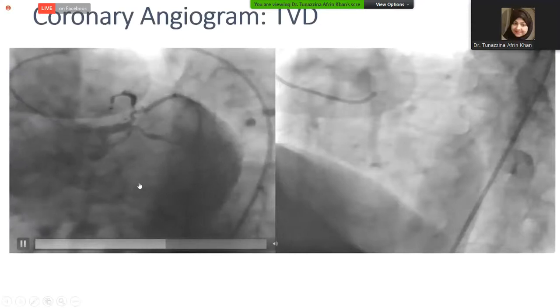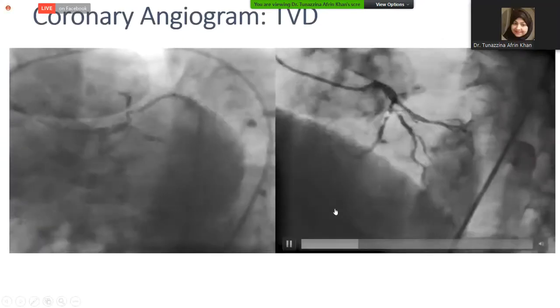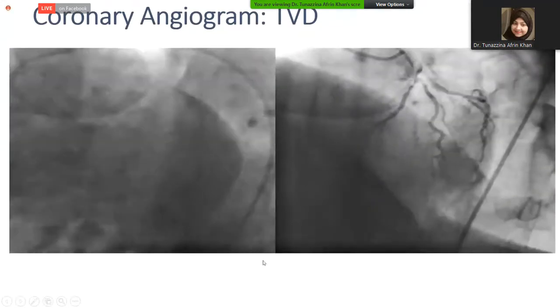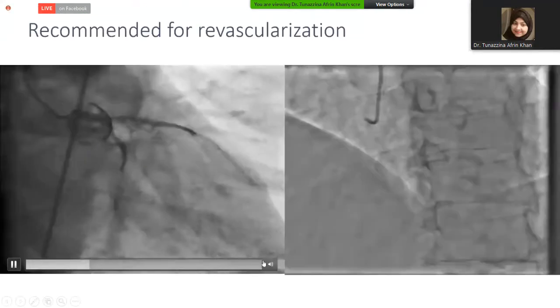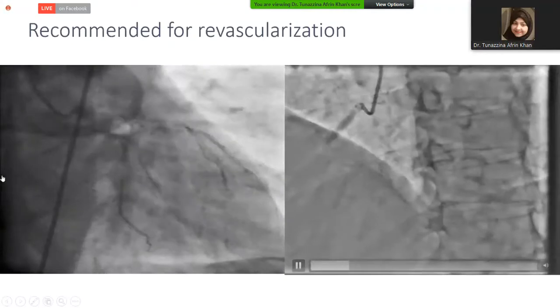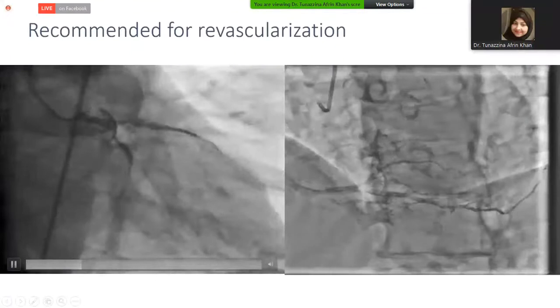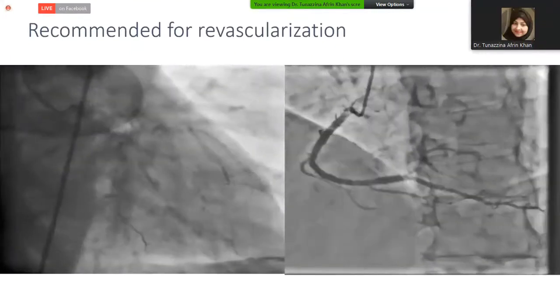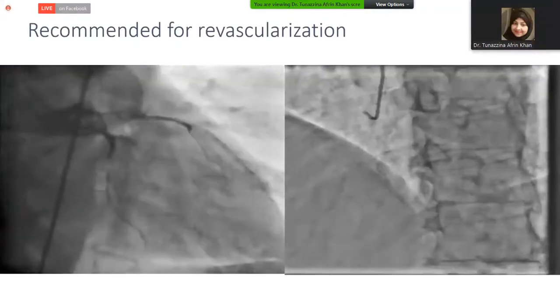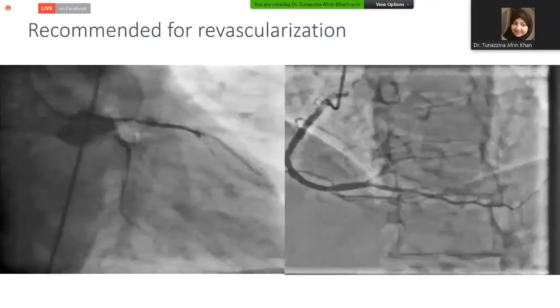This is the coronary angiogram showing a bifurcation lesion in the LAD and also involvement of the obtuse marginal branch. And the RCA also had a critical lesion at the ostium of the PLV. So the patient was recommended for revascularization. The coronary angiogram was done in the KSA where he had that MI.